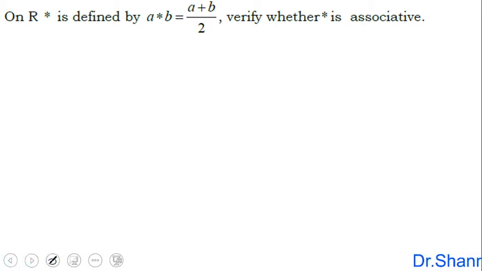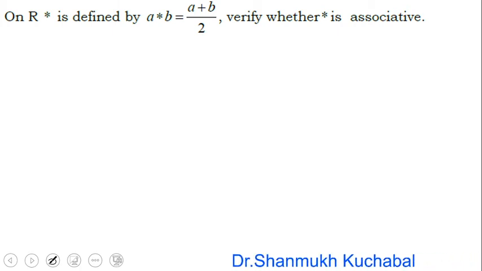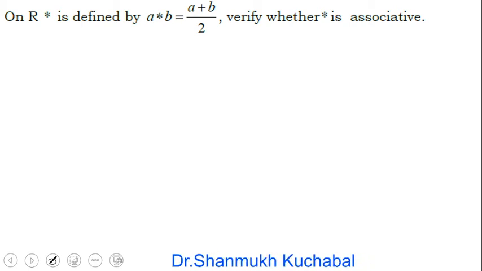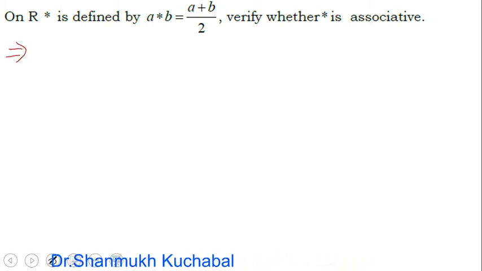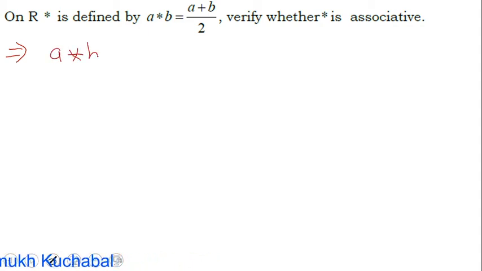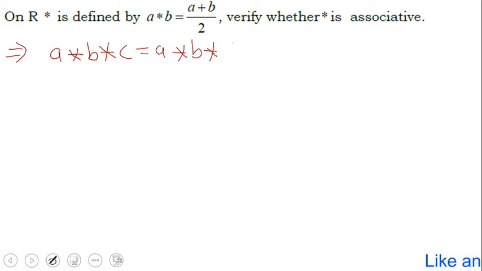On R, the set of reals, star is defined by A star B equal to A plus B divided by 2. Verify whether star is associative. So we have to verify whether it satisfies the relation (A star B) star C equal to A star (B star C).